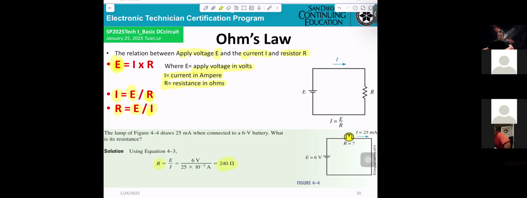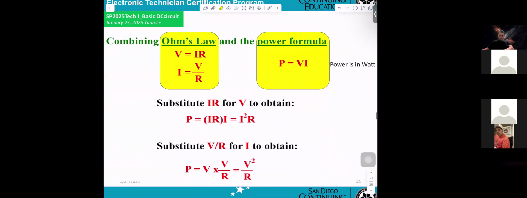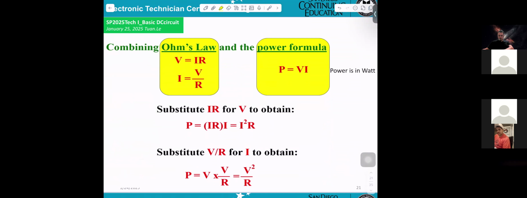From that formula, you can calculate I or you can calculate R. Second thing, the unit of E is volt, I is in ampere, R is in ohm. If you have any question, just stop me, okay? I try to explain to you. This is very, very basic for electronics.